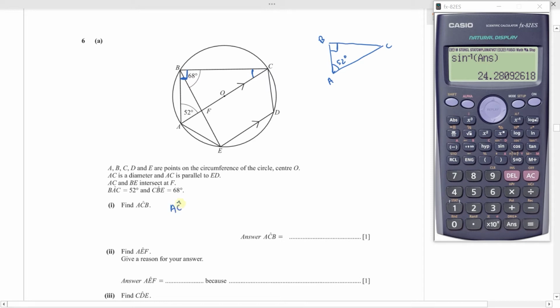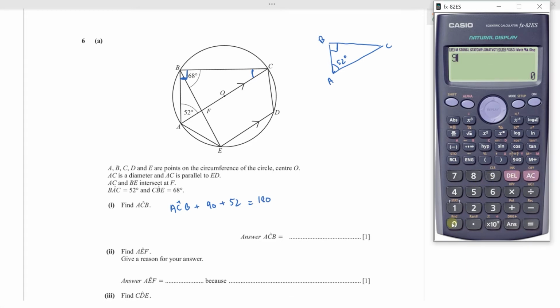So ACB plus 90 plus 52 will be 180. So 90 plus 52 is 142. Then 180 minus 142 is 38. So your angle ACB is 38 degrees. So this angle here is 38.